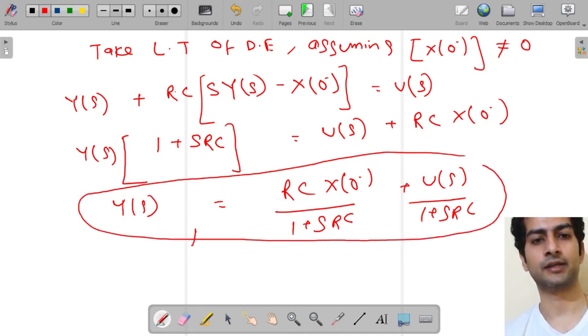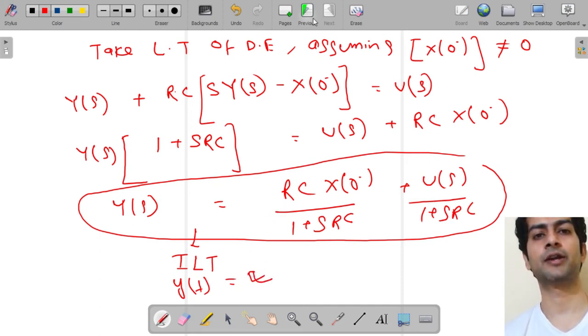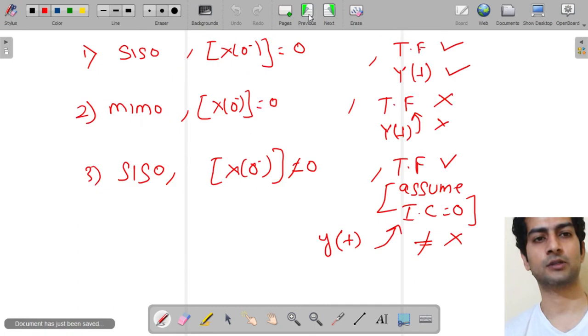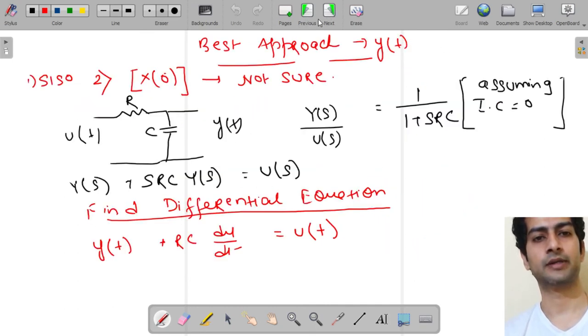Now we will take the inverse Laplace transform, and we will get our output. So, a very important concept. If you have a CISO system and you know that the initial condition is 0, then go for the transfer function, and you will easily get the output.